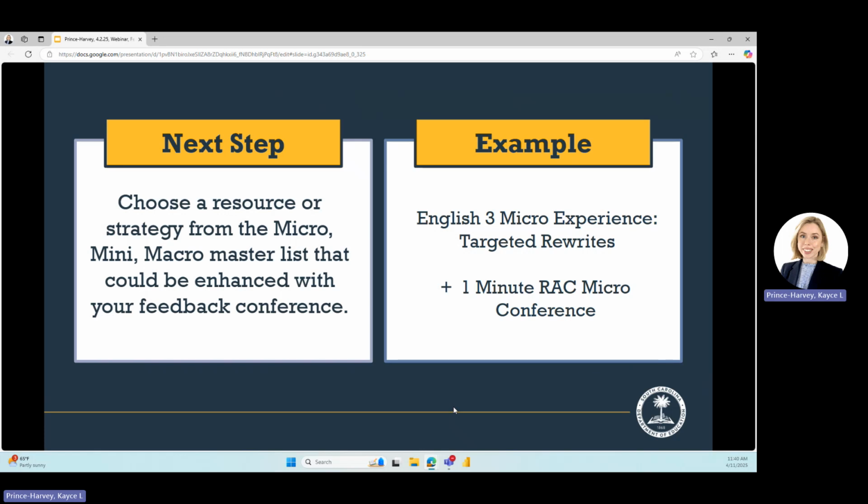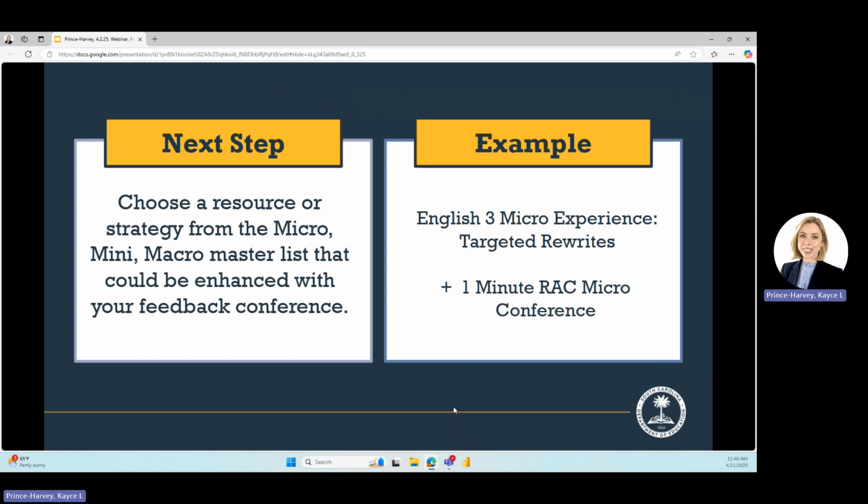So let's say that in this example, a student creates a claim. And using the strategies and descriptors provided, they identify which area for revision they would most benefit from for revising just their claim. Then what I would build into that would be a 1-minute RAC micro conference, RAC standing for respond, add, and connect.